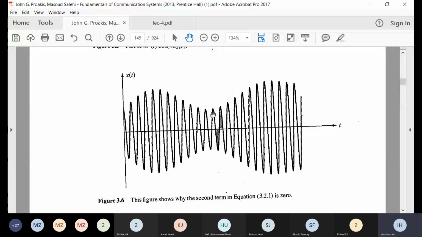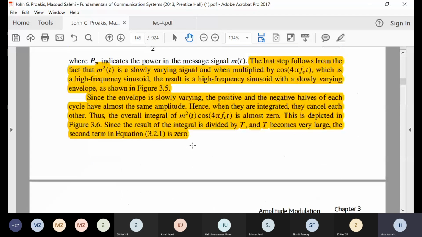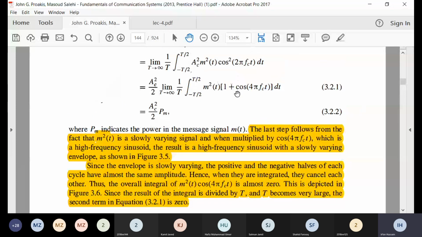The reason is that you have a very high frequency cosine multiplied by a slowly varying m of t. So you will have equal positives and negatives, and they will cancel. Even if they do not cancel, there is a very small value. Then that small value divided by t, as t tends to infinity, will definitely tend towards 0, almost 0.